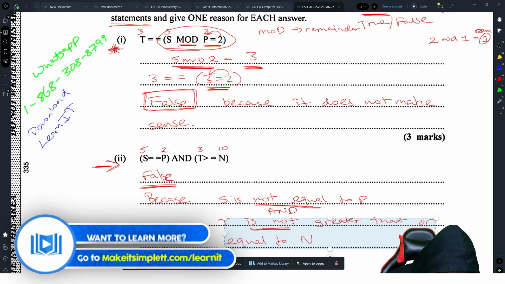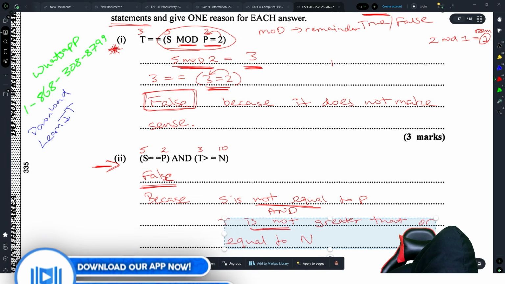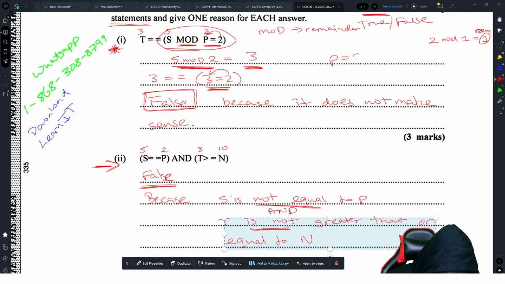So maybe it's an assignment statement which updates P to 2, and then you do the S mod P, which will be 3 mod 2, which is equal to 1. Therefore, 3 equal to 1 is wrong, because 3 is not equal to 1.